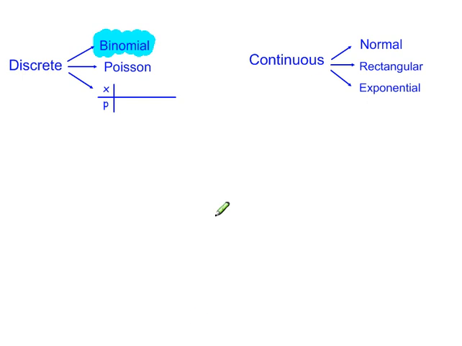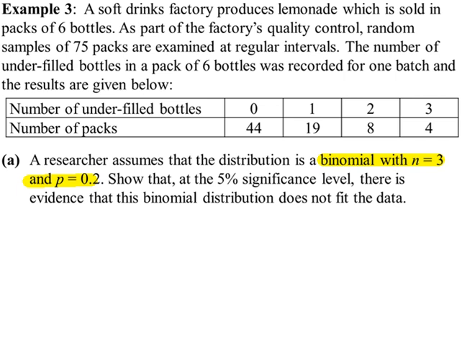The next example, we'll look at a binomial distribution. So we have our classes in the table here with the observed frequencies, the O values.